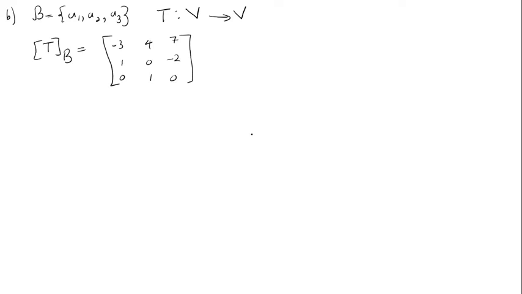If we are given the matrix representation of any transformation, then we can write the transformation. I think you know this from your theory notes. Now I can write Tu1: Tu1 will be minus 3 into u1 plus 1 into u2, that is minus 3u1 plus u2.